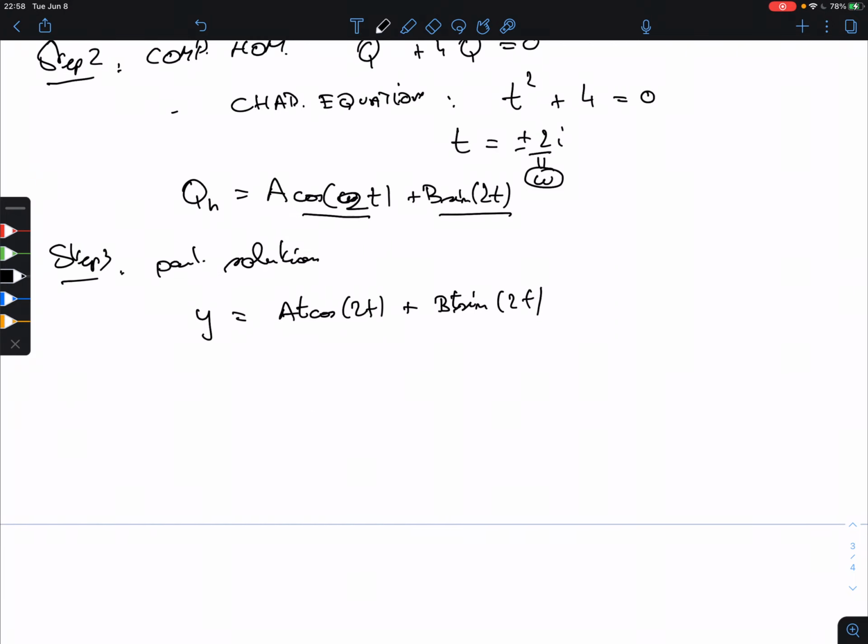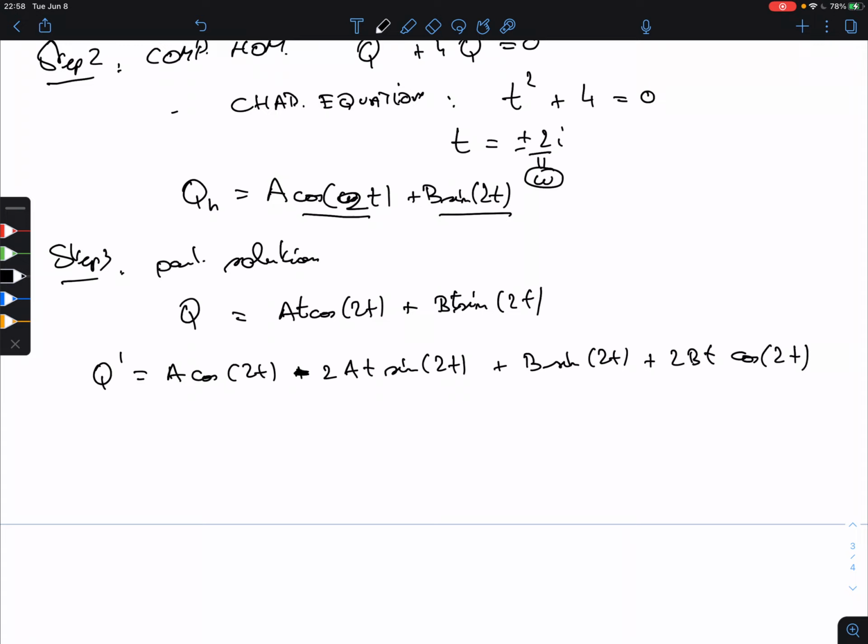Well, I write y, and that, of course, is utterly ridiculous because we're calculating q. Okay, so we have to find q prime. Now, that's a little bit of work because it's always a product. So we have a cosine 2t, the derivative of the first. Now, the derivative of the second is minus 2at sine 2t, and plus b sine 2t, plus 2bt cosine 2t, and then q double prime is, by the way, it's good to have this because this is what we want at the end.